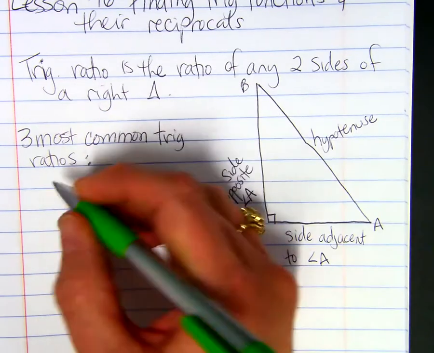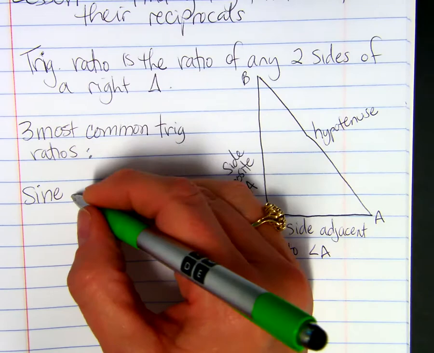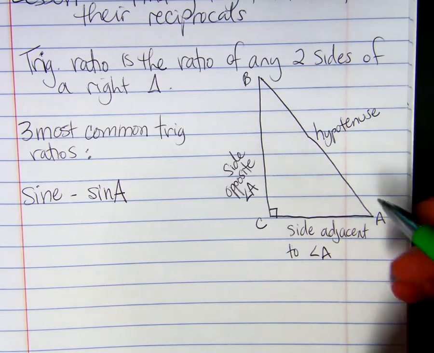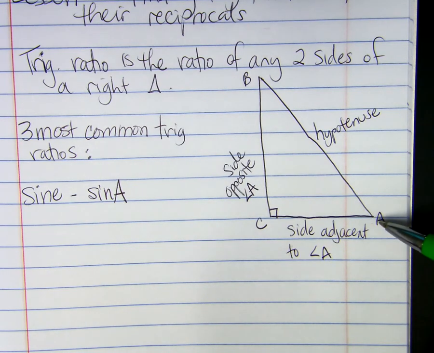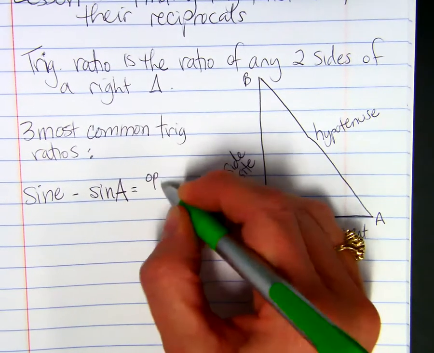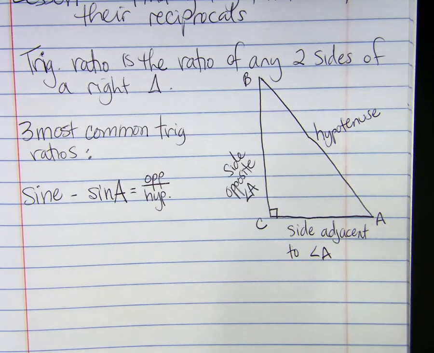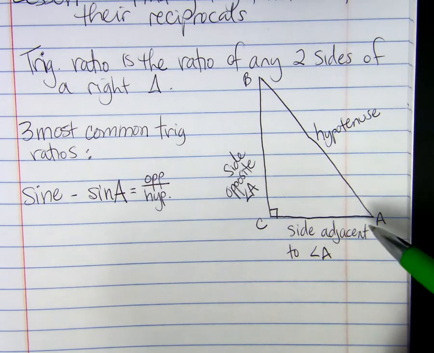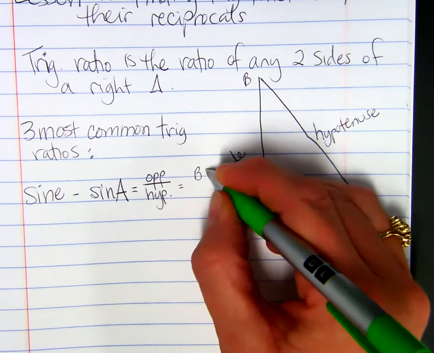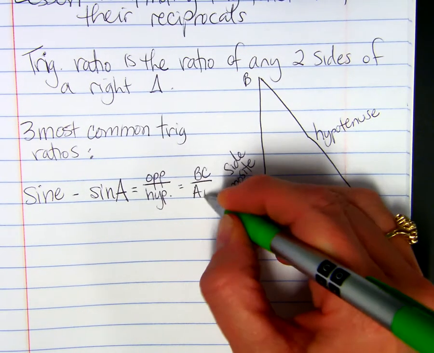Sine is spelled with an E, but when we abbreviate it, it's just S-I-N of A. We're going to focus here on angle A. It is equal to the length of the opposite leg over the length of the hypotenuse. So in our example, the sine of A would be the length of BC over the length of the hypotenuse AB.